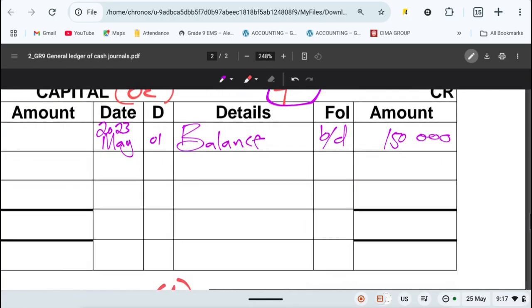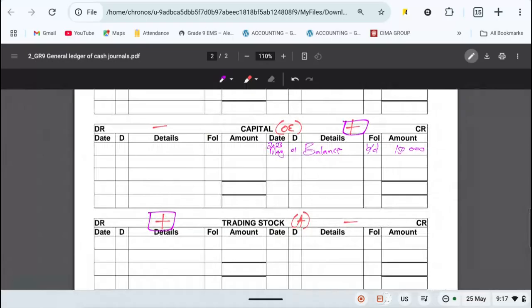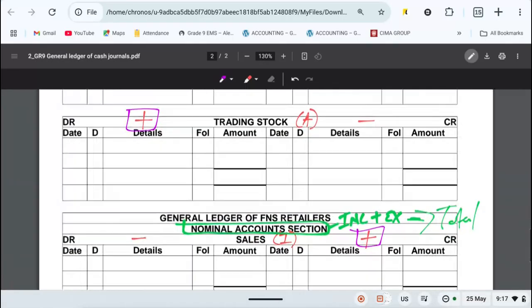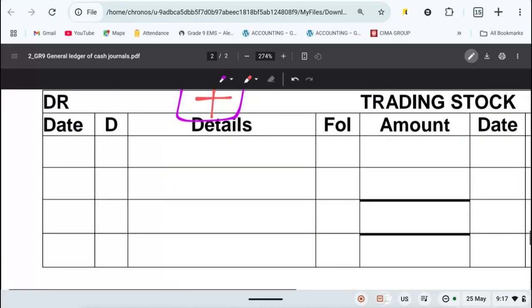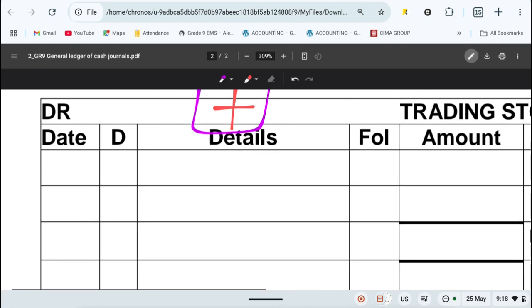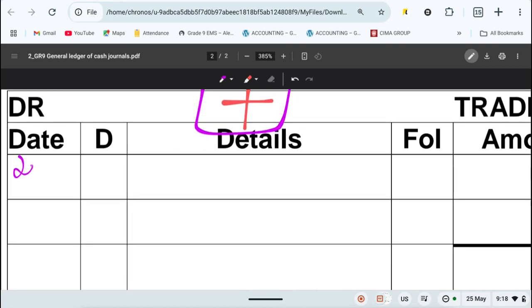And then let's move on to trading stock. It's an asset, debit natured, so it's going to be 2023. How much? Let me check. It's going to be 68,000.